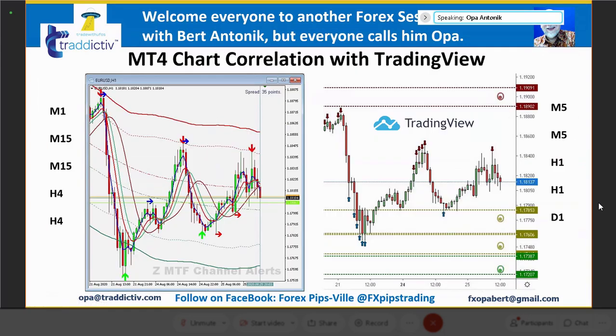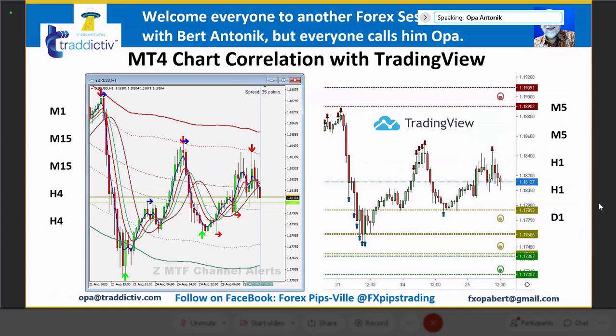And as I said, we're always looking at TradingView. We take a look at the TradingView chart, and you should be understanding TradingView. That's a whole different lesson, but we use TradingView in conjunction to correlate with our charts so that we have another layer of confirmation.